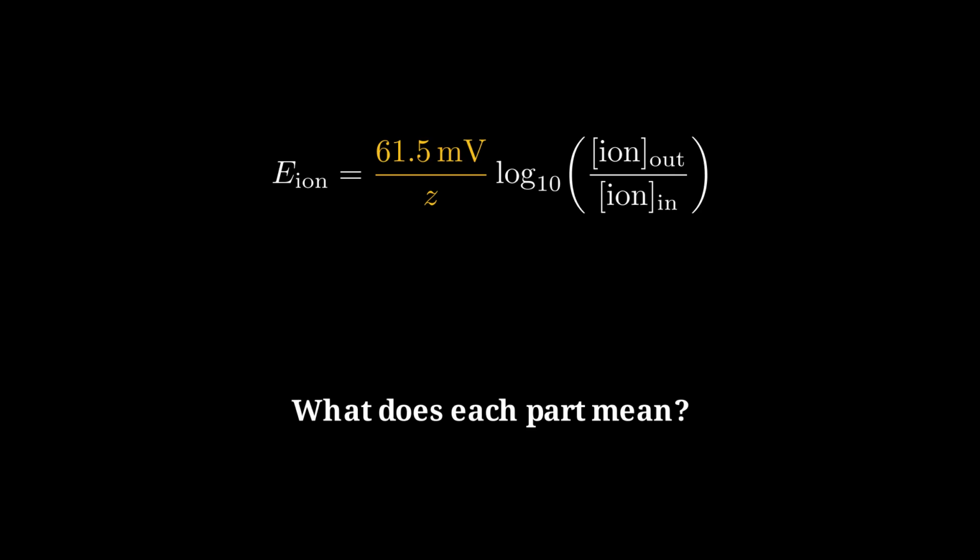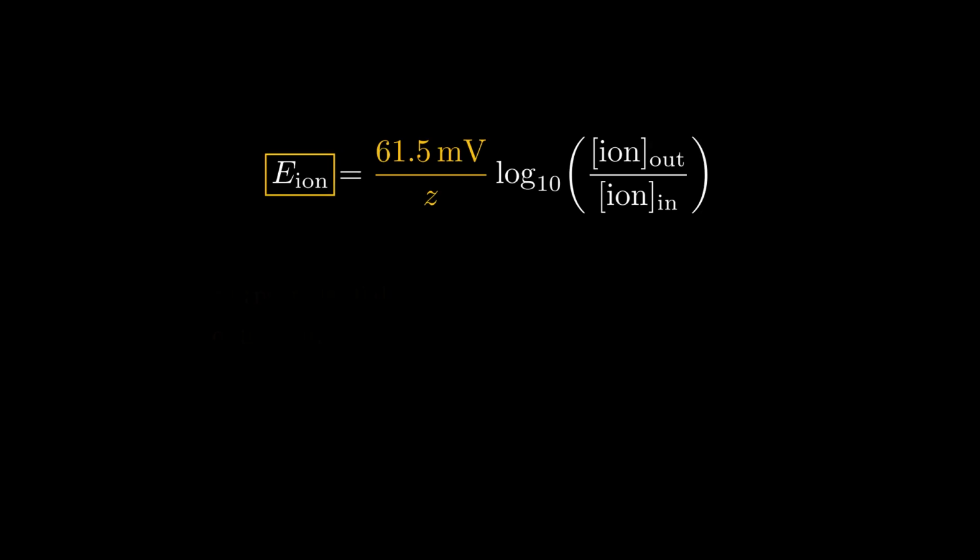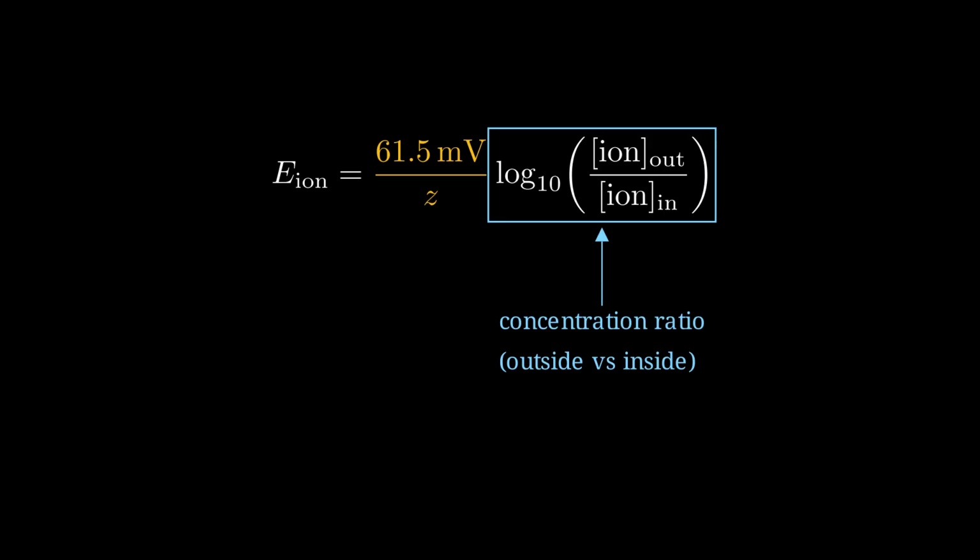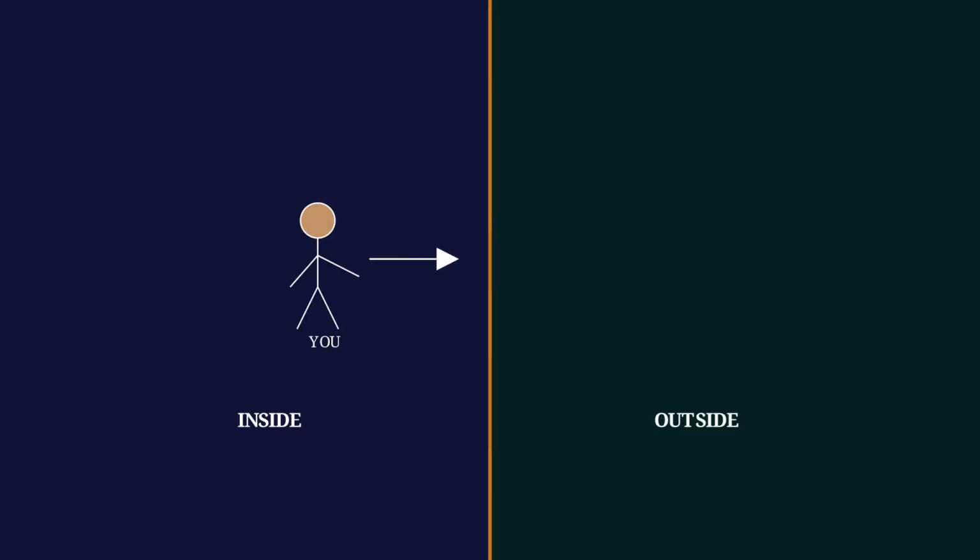So what does each part actually mean? E ion is the Nernst potential of that ion. Then we have the concentration ratio. It compares how much of the ion is outside the cell versus inside the cell. A useful way of remembering the ratio is the window analogy. So imagine you're standing inside a cell and looking outside through a window.